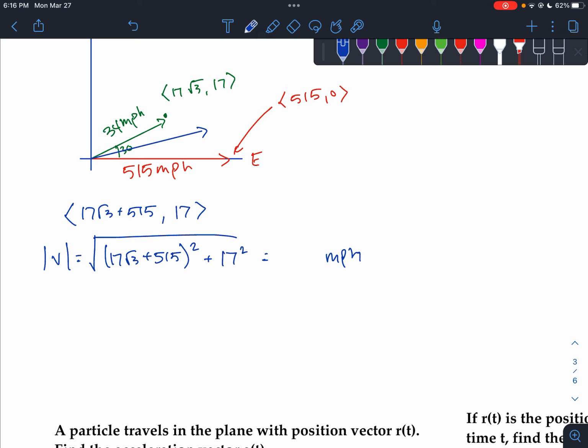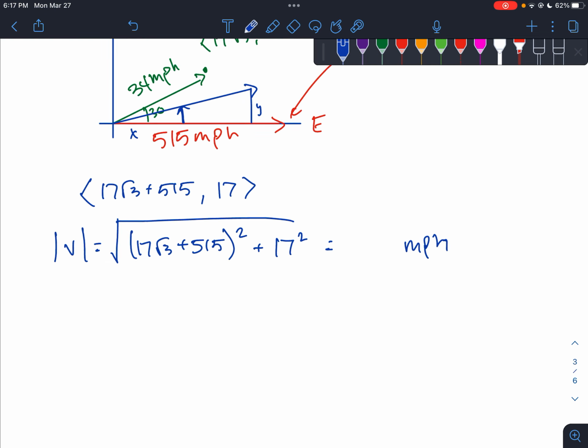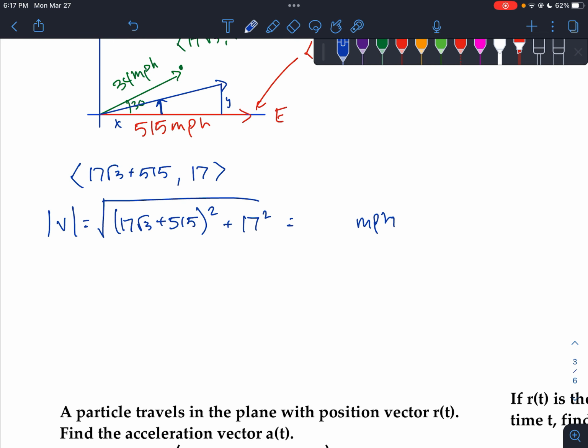The new direction is going to be this angle right here. It has an x and a y distance, and to find the angle, the angle will be equal to the arctangent of opposite over adjacent.